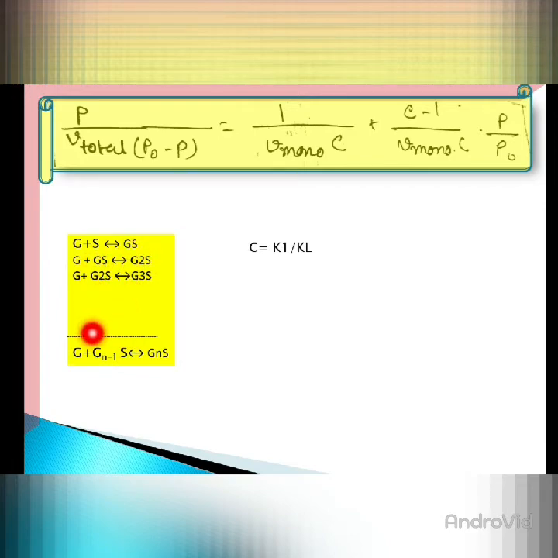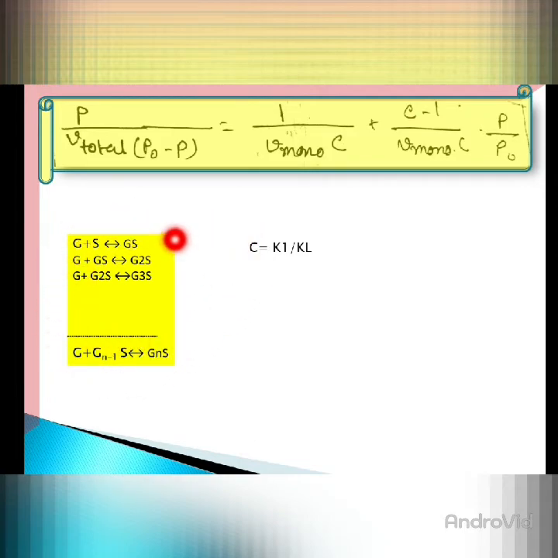This process occurs up to n. If n gas molecules are available for the adsorption, then G plus Gn minus 1 into S will be Gn into S. This is actually the multilayer adsorption process.